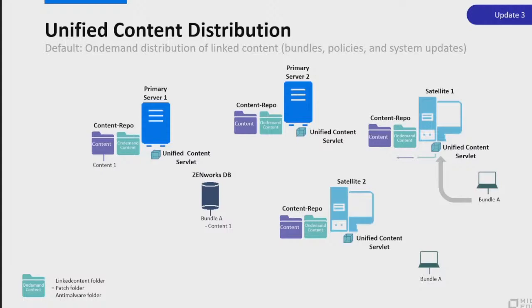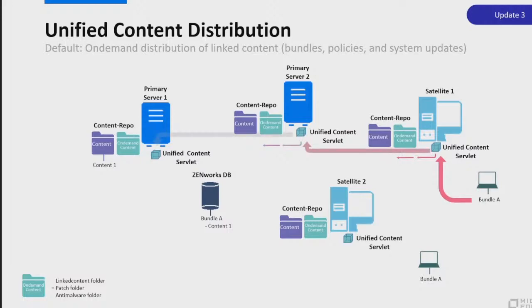But it looks in both of those, and if it doesn't find the content there, rather than failing, it says, okay, I can't get that content. I'm going to go to an upstream server, in this case, primary server 2, and request it from that server. If that content server has it, it will serve it back down.